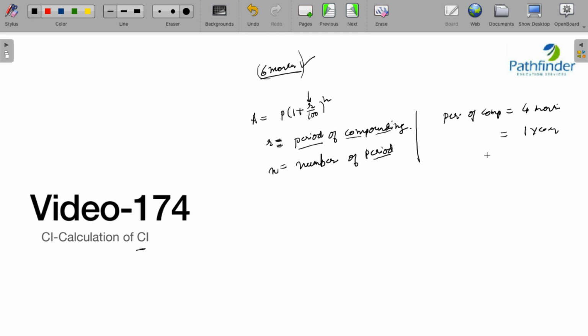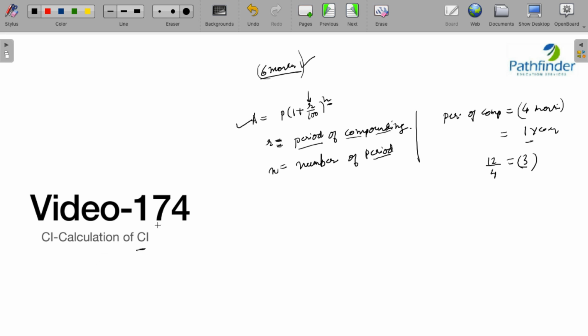Then the number of periods: 1 year has 12 months, so we need to calculate how many 4-month periods there are in 1 year. 12 months divided by 4, you will get 3 periods. So please remember that although this formula is known to you, r is the rate for the period of compounding and n refers to the number of periods.